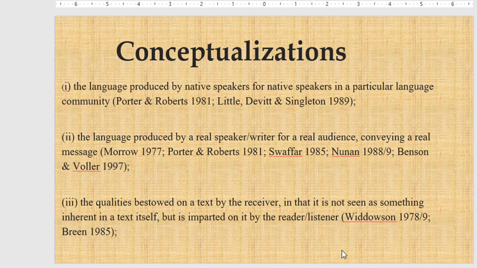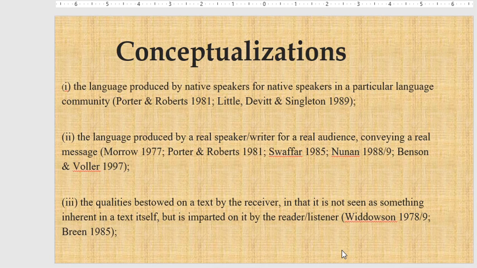The first one: the language produced by native speakers for native speakers in a particular language community. So do you believe in this one? What do you think about this definition or conceptualization?